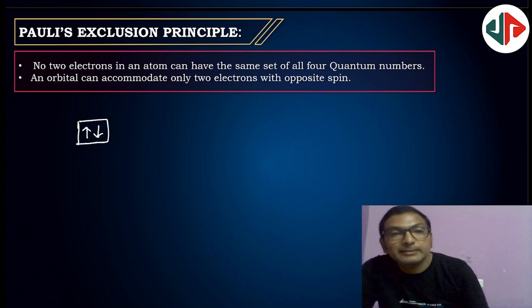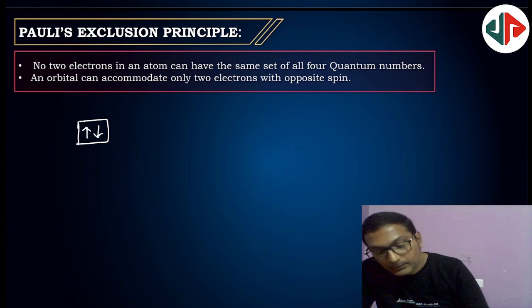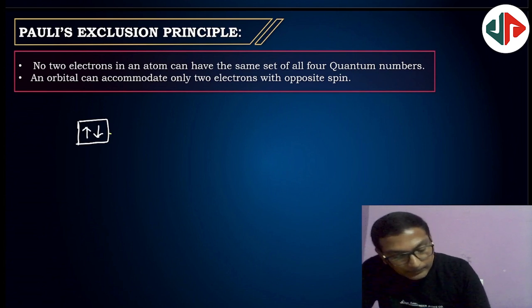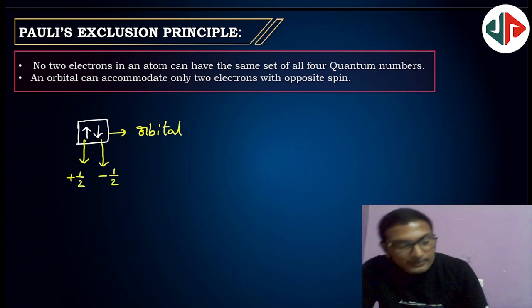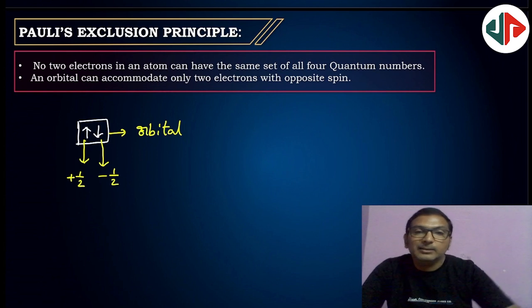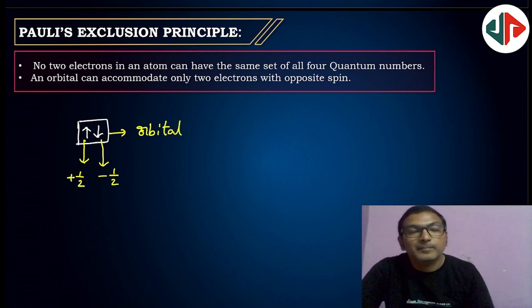Two electrons. The atomic orbital. Here first electron, plus half spin quantum number. For this, minus half. Any atomic orbital can accommodate maximum of two electrons with opposite spins.